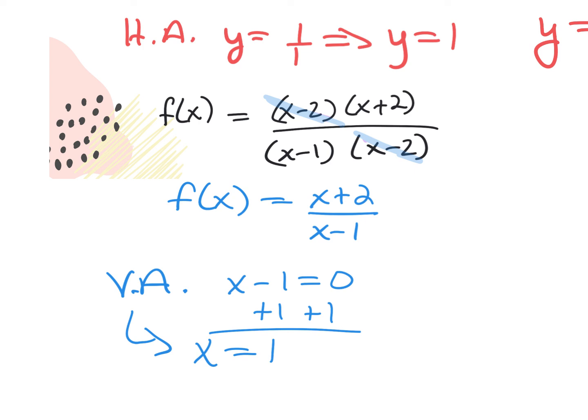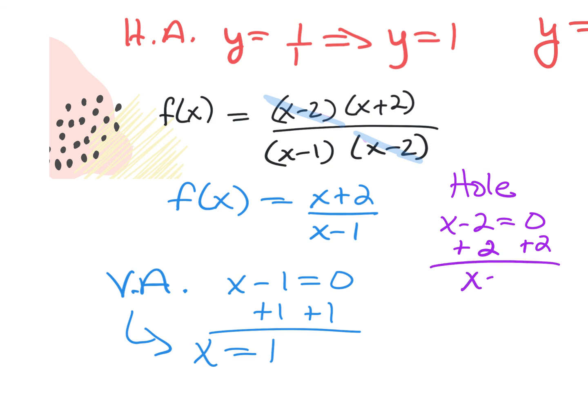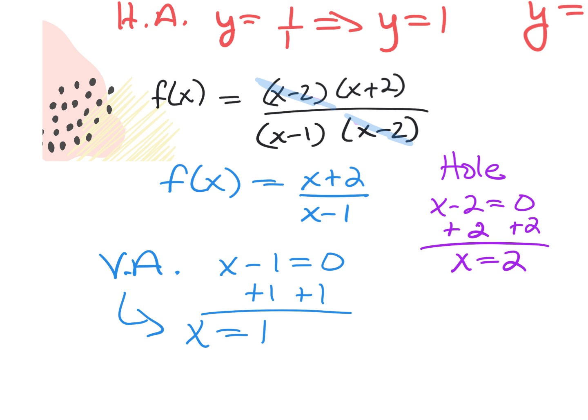Because I canceled a factor, I have a hole located at x minus 2 equals 0. Add the 2. The x of the ordered pair of the hole is 2. I now take the simplified function, and I'm going to plug in x equals 2. So x plus 2 over x minus 1.